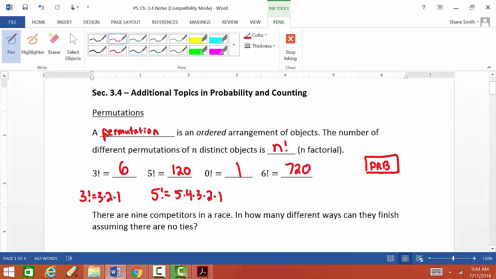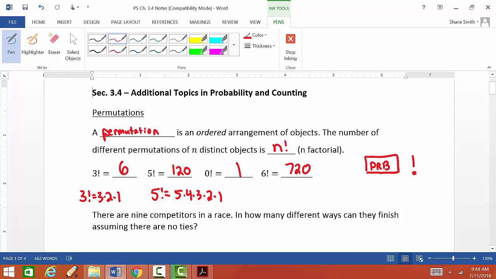So I probably won't post a separate video now that I think about it, because everyone has a different calculator. But there's a PRB button, and you should find the factorial button. If you just type in the number and press that factorial, or by scrolling over right or left or up or down, it should do it for you.